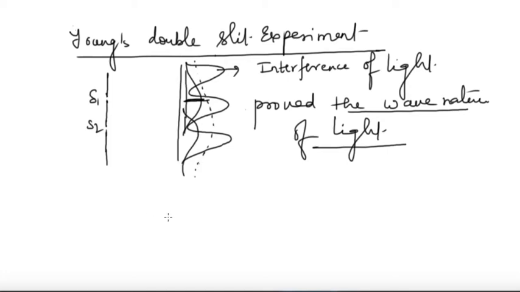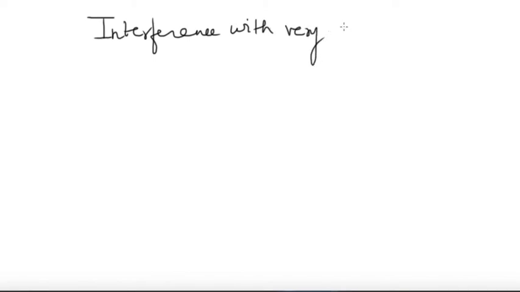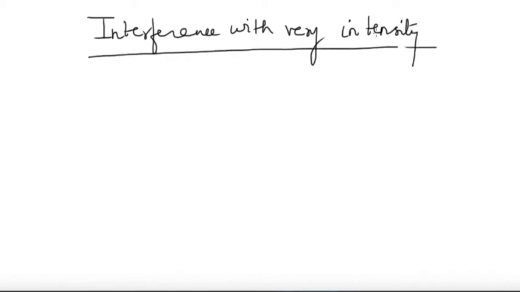So now I do the same interference experiment with very low intensity. If I open both the slits, I know that I will get an interference pattern.